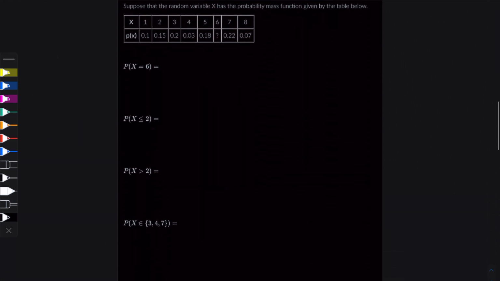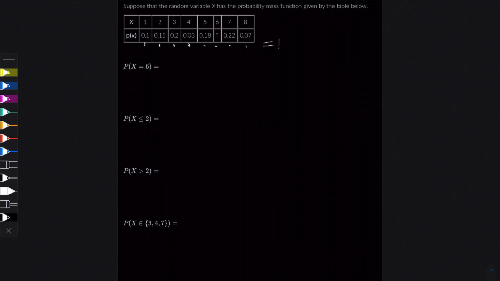Suppose the random variable x has the probability mass function given by the table below. And remember, we went over probability mass function earlier, and I told you we were going to be seeing a chart like it soon. So in a probability mass function, if you remember from our last lesson, all of the probabilities of a variable have to add up to 1, right? So that means all of these added together have to equal 1.